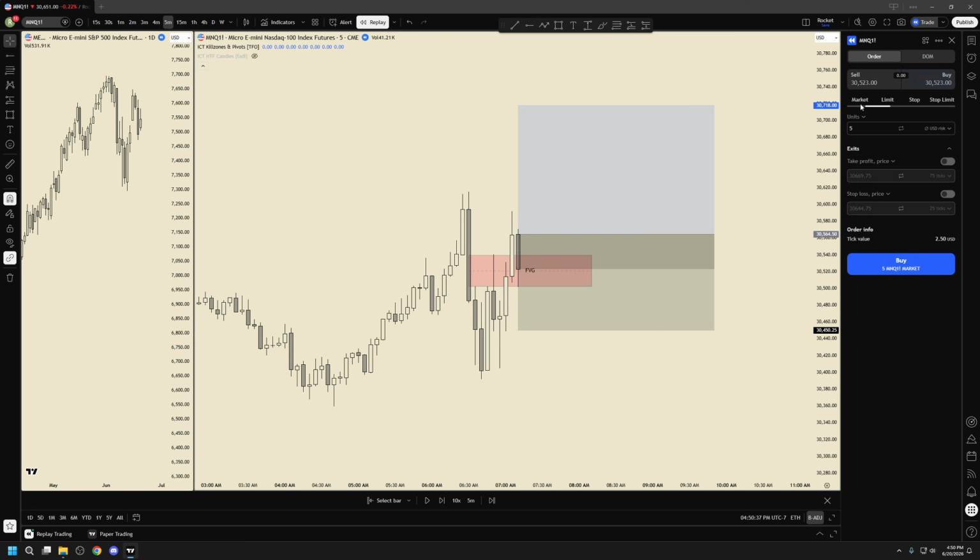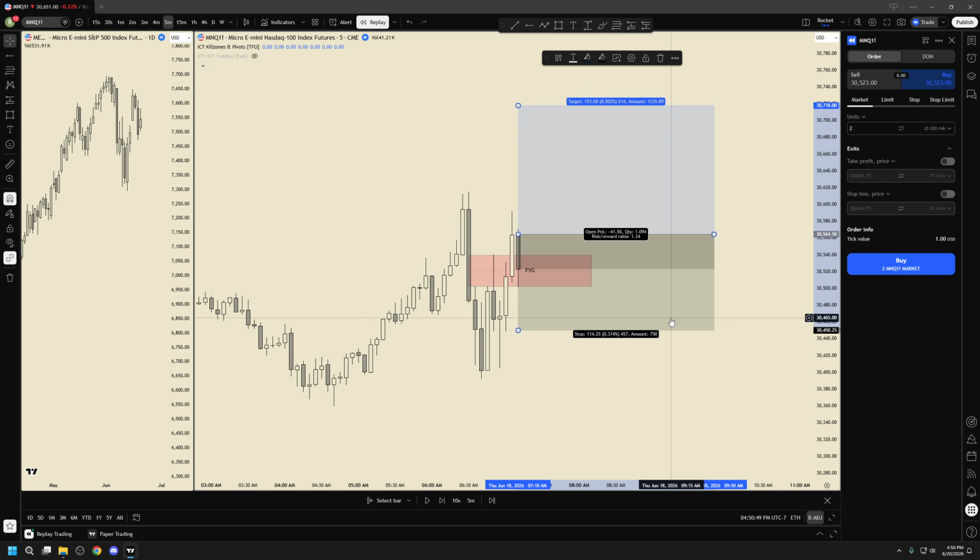Let's say I'm marketing in long. If I'm trading 1 contract of MNQ, each tick is worth $0.50, so 50 cents per tick.